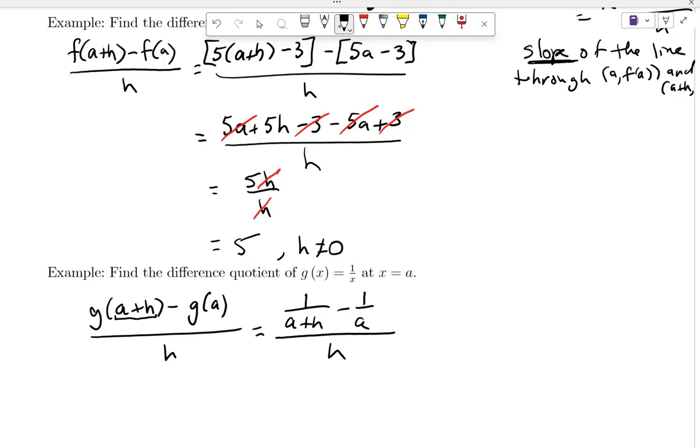What will your common denominator be for the numerator? I got an a plus h and an a, right? So I need them both. Okay? So I need to multiply the first fraction by a over a, and I need to multiply the second fraction by a plus h over a plus h.